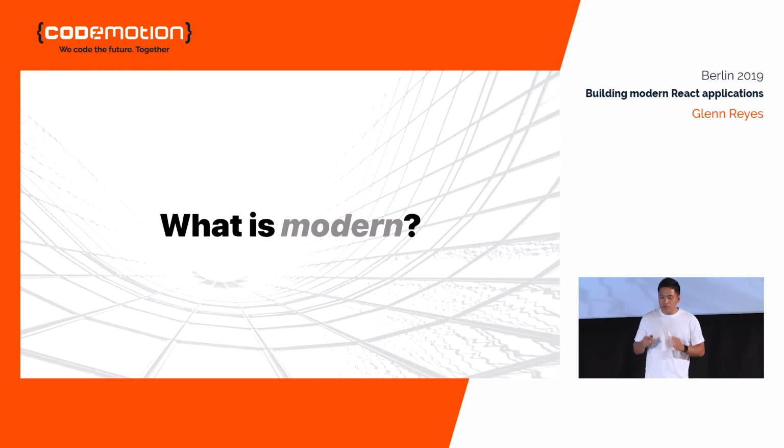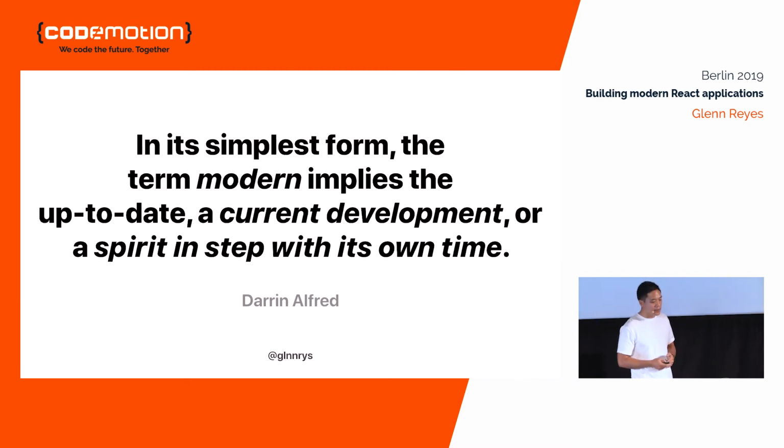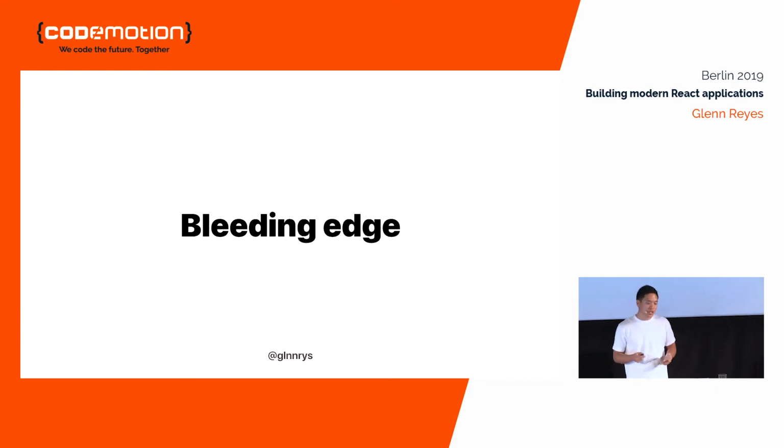So let's take a quick step back before we go into React and ask what modern actually means. In its simplest form, the term modern implies the up-to-date, a current development, or a spirit in step with its own time. This is a definition from David Alfred, which is quite interesting: a spirit in step with its own time. We can think of it, especially in web development, as the bleeding edge, which is not something nailed into history, but something that is kind of moving, right?